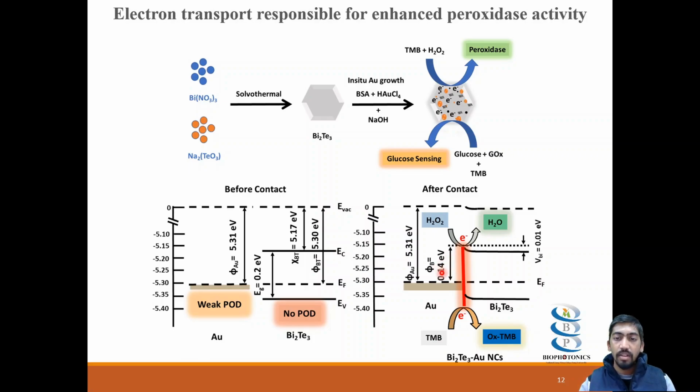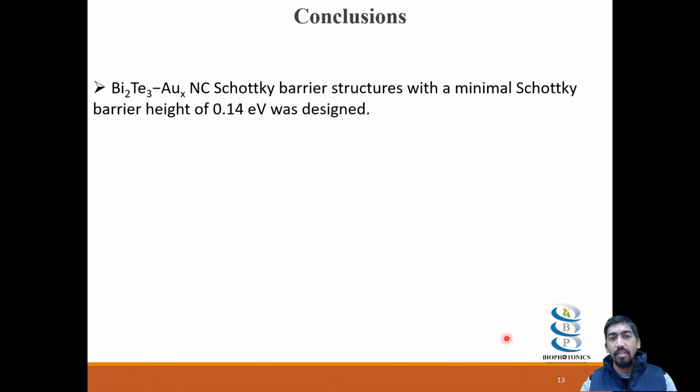This Schottky barrier is so small that electrons can easily pass from gold to this material and can easily oxidize TMB into oxidized TMB. Due to this, more electrons are available to convert TMB into oxidized TMB. Therefore, we observe the higher peroxidase activity.